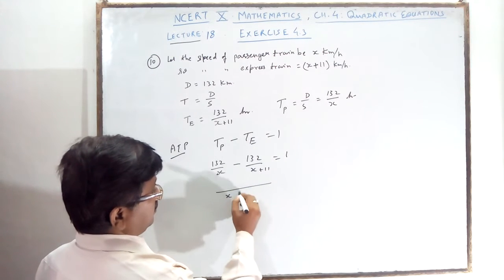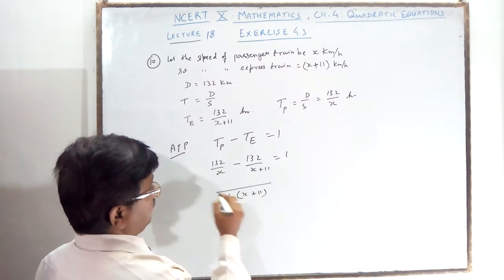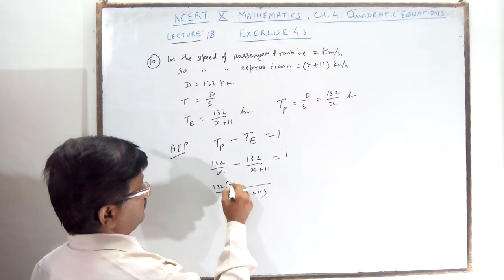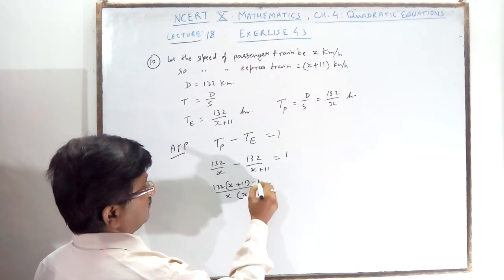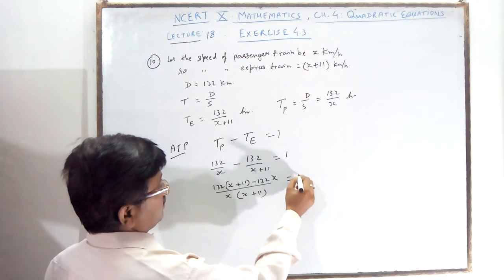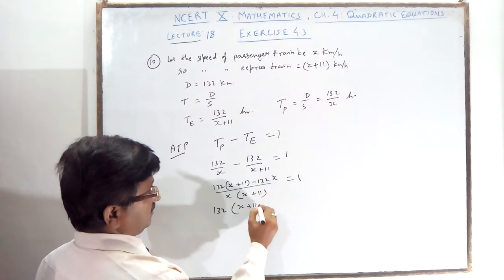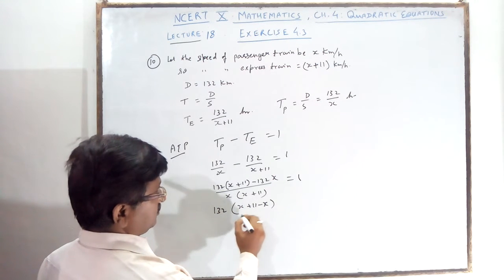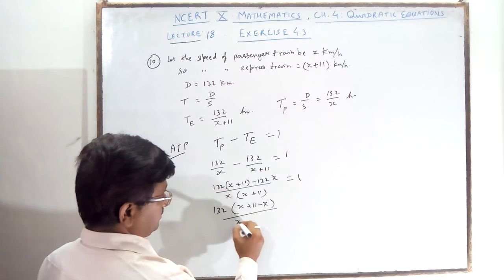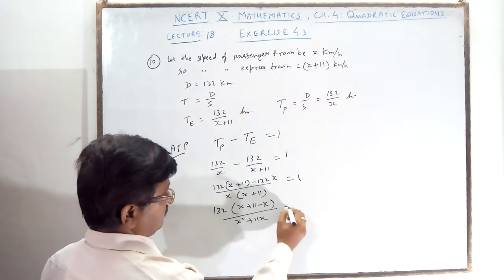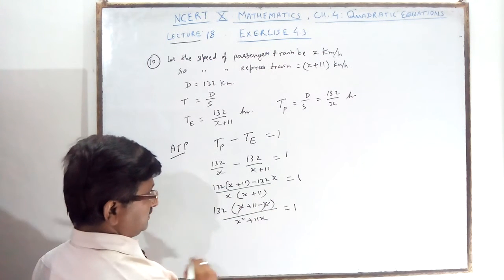Convert into a quadratic by taking the LCM. You will get 132 common, so x plus 11 minus x upon x square plus 11x is equal to 1. These two x will be cancelled.